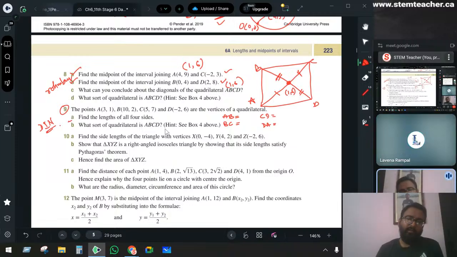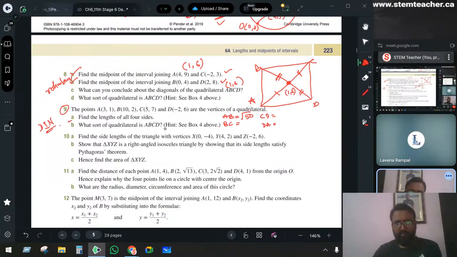What is AB? Approximately 7.07. You can take square root 50. That's not an issue. Okay. BC, also root 50. 25 plus 25, it's root 50.